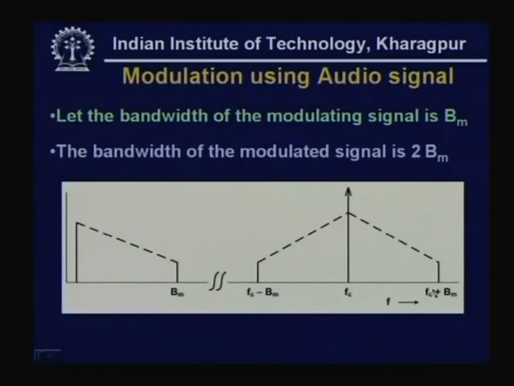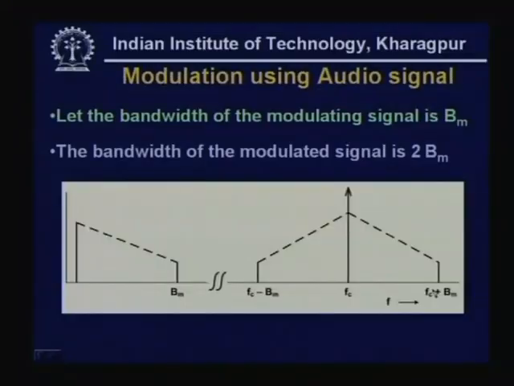So, now let us consider the bandwidth whenever the modulating signal is not a simple sinusoidal wave. We are now modulating the signal with the help of an audio signal, and in that case the audio signal has a bandwidth of Bm. So, we can see from almost 0 to Bm, that is the bandwidth of the audio signal.